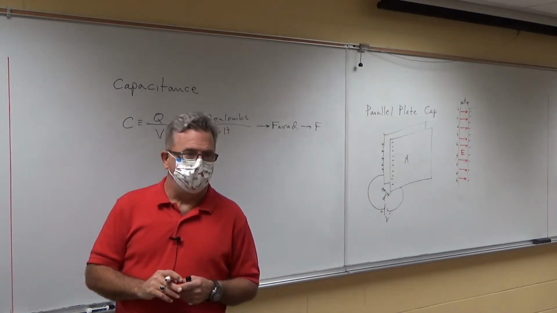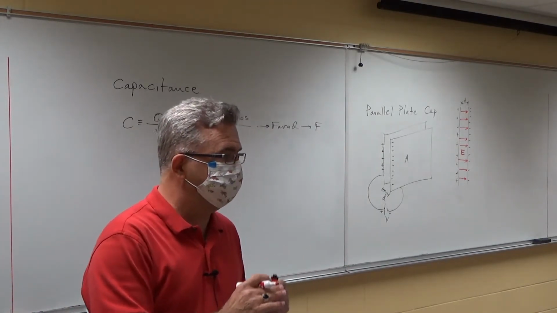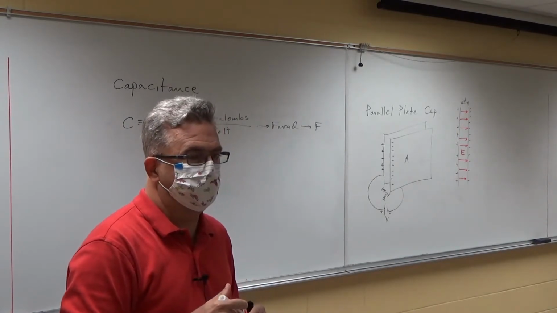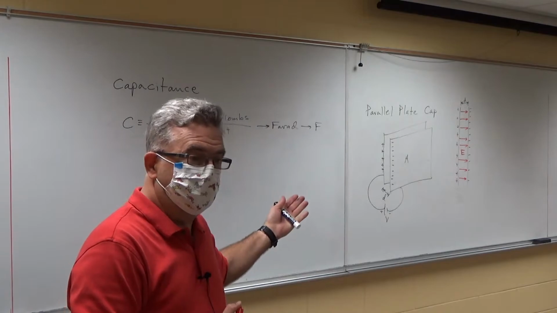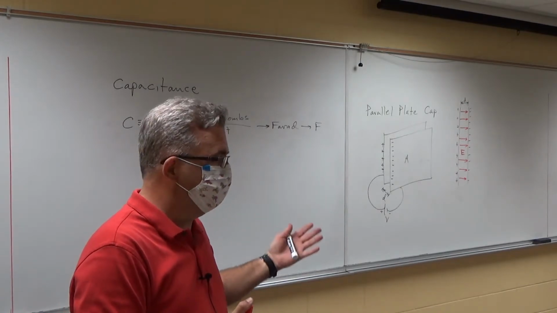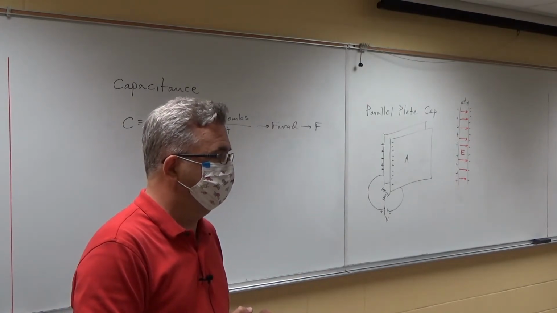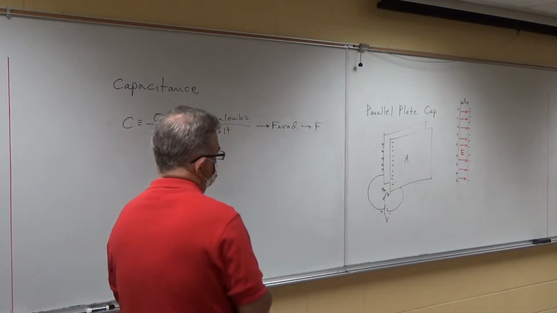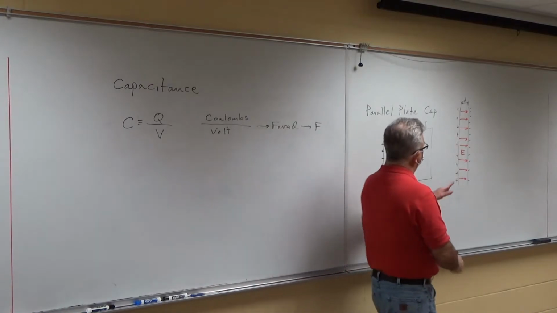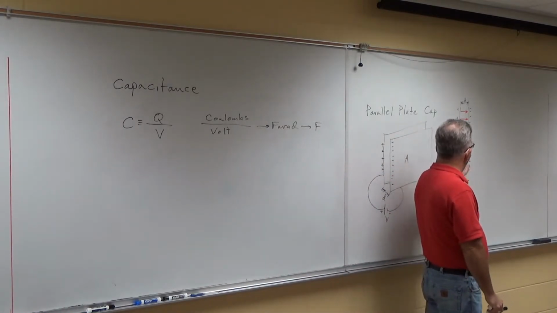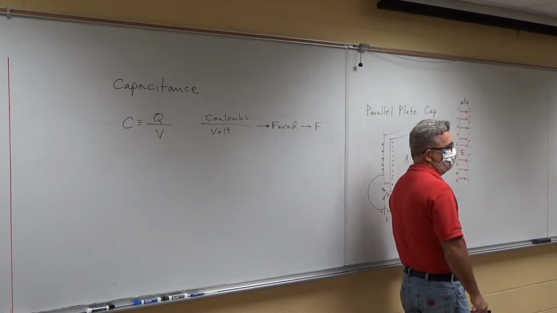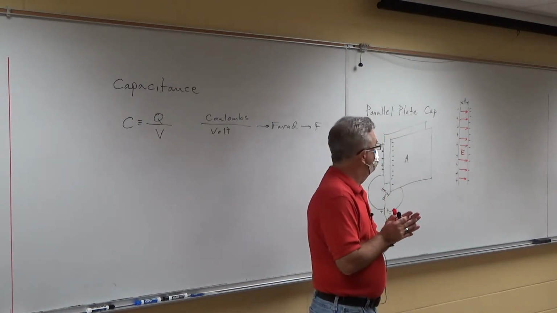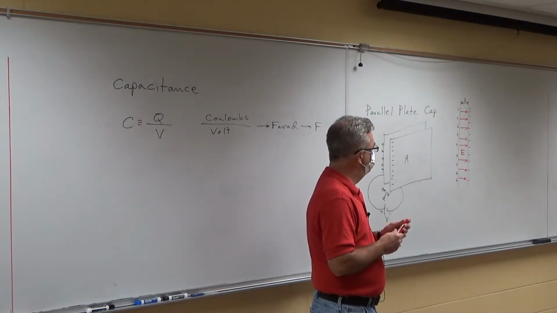These things store energy. There's charge on them, but there's energy stored in the capacitor. We say that it's stored in the electric field. The electric field is where the energy resides. The charge separation is a bunch of electrons over here and the absence of electrons on this side, and that energy is stored in the electric field.